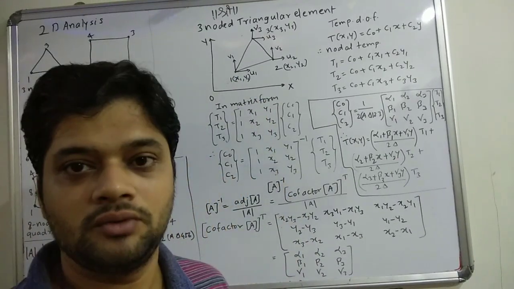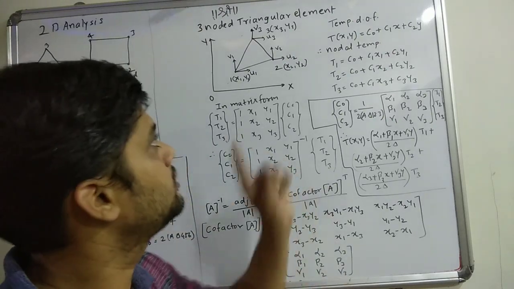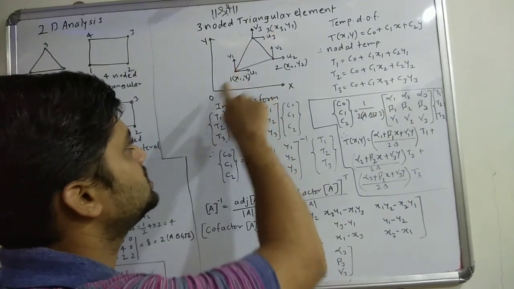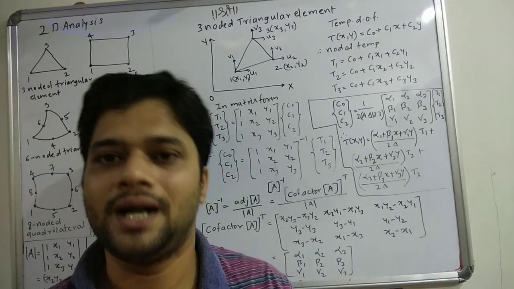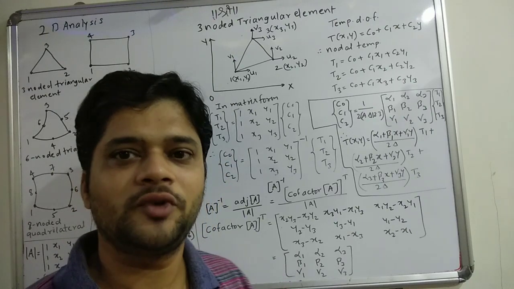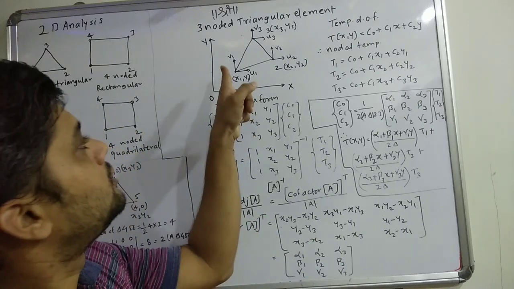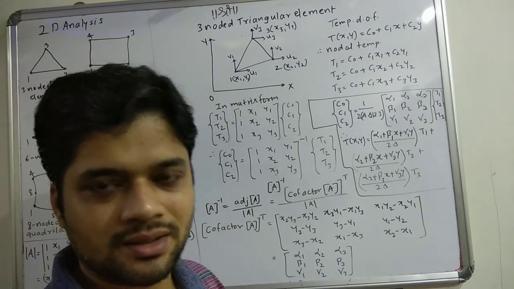I cannot just give the value of x1 and say that is the coordinate. That will not completely define the position. So in order to define the position, I should supply both values, the x1 value and the y1 value, and that is the same phenomenon we are using to define the degrees of freedom. So on each node it has 2 degrees of freedom, along x and along y.